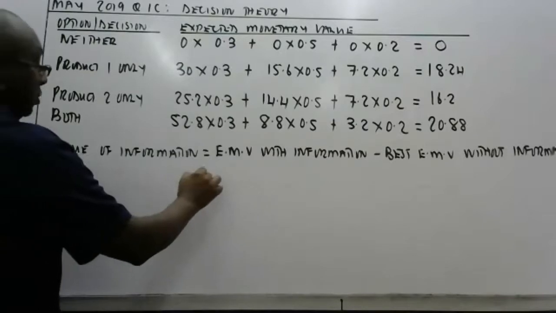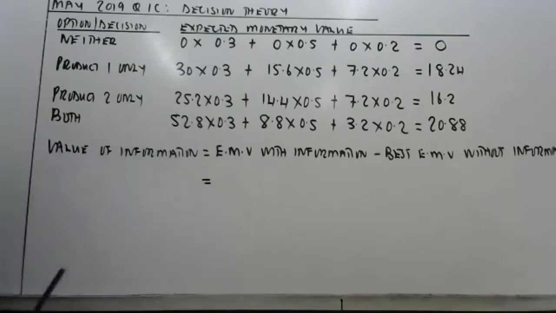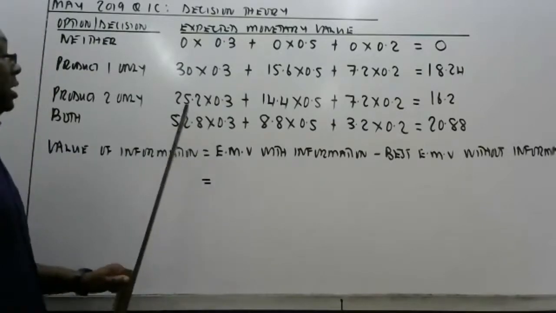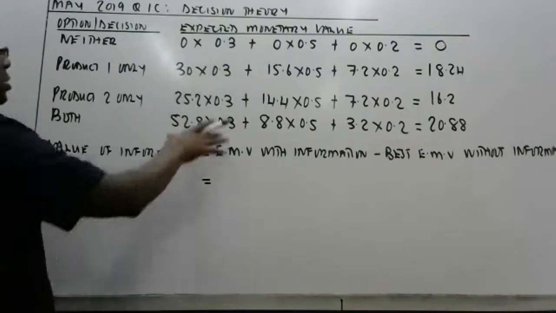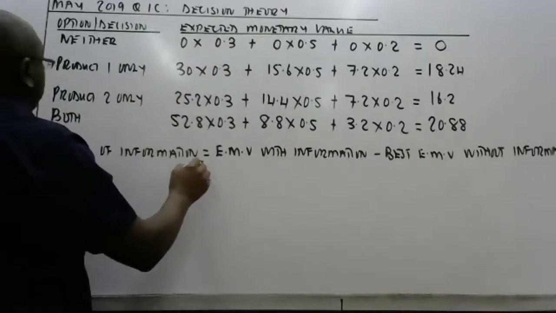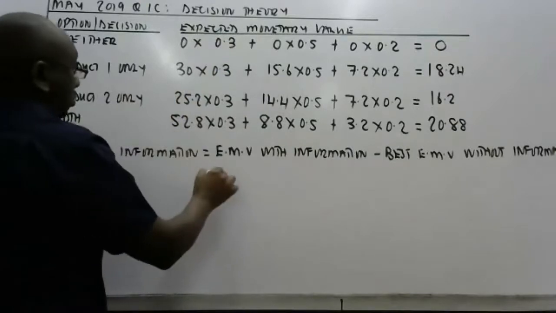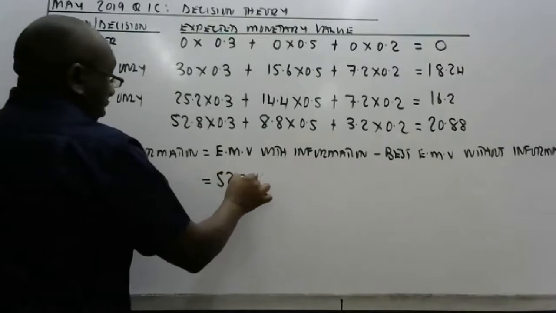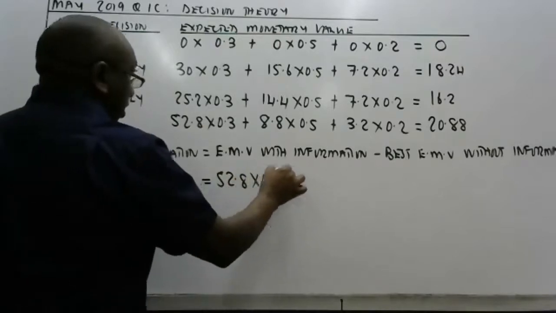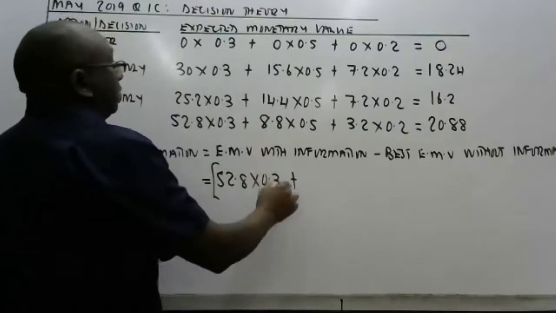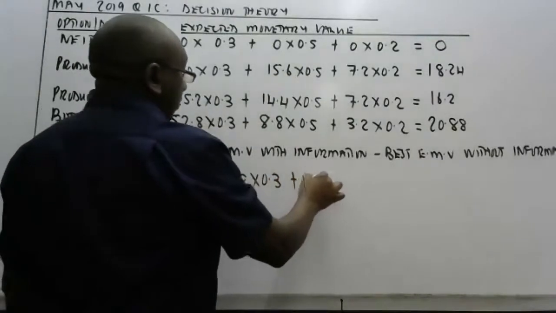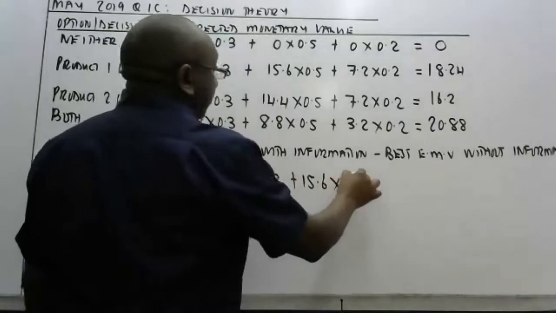So how do you get the EMV with information? It is by coming to each outcome and you pick the best. So for this one, the best is 52.8 with a probability of 0.3, plus for this one, the best is 15.6 with a probability of 0.5.